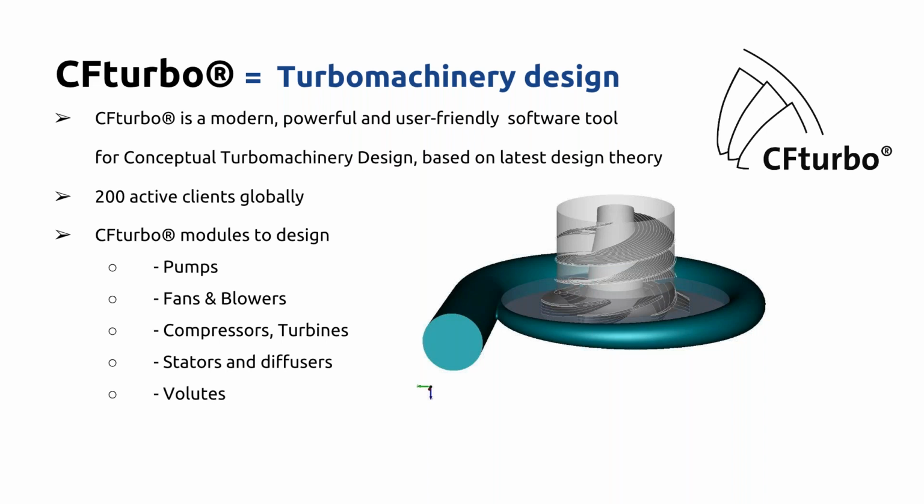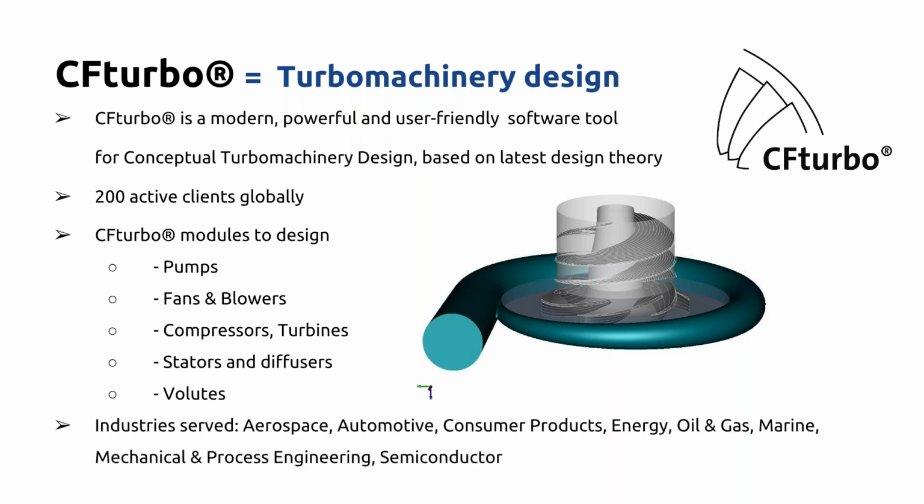And if you want to design a complete stage of a pump, for instance, you might need stators. They can have vanes or they can be vaneless. And also, of course, for a radial machine, it's important to have a volute, and that's why there's also a volute module. Right now, with our software, we serve the industries given here.